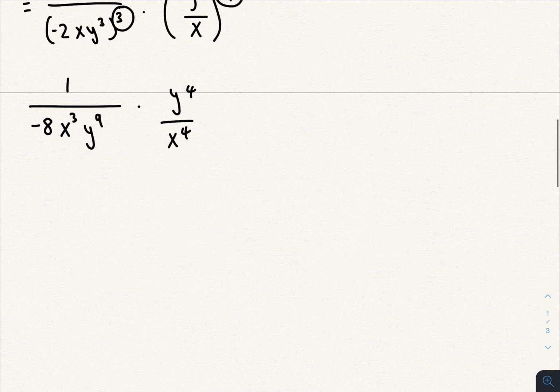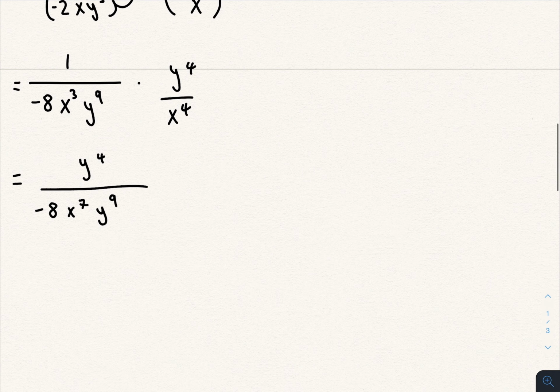Now, if we multiply these two together, 1 times y to the power 4 is y to the power 4. Negative 8. x to the power of 3 times x to the power of 4 is x to the power of 7, times y to the power of 9. Now, because there's y to the power of 4 in the numerator and y to the power of 9 in the denominator, we can cancel these out.